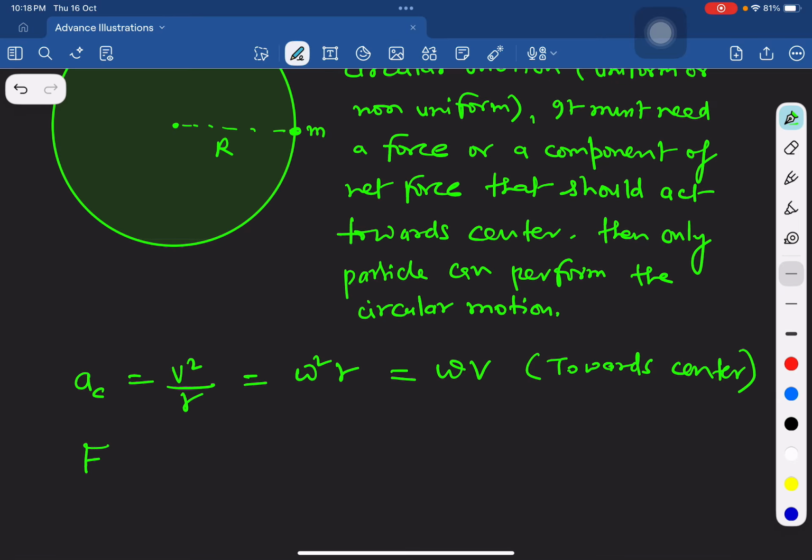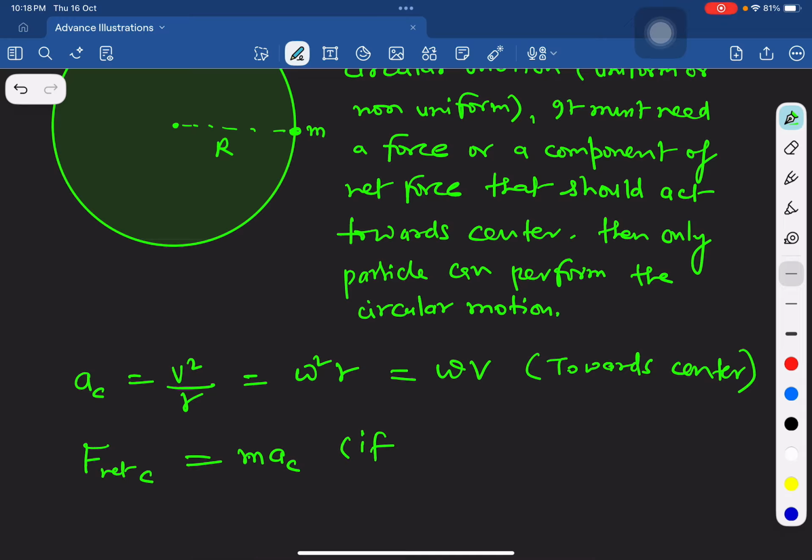Try to understand here, this is something very crucial: F net towards the center will be equal to m into a c.